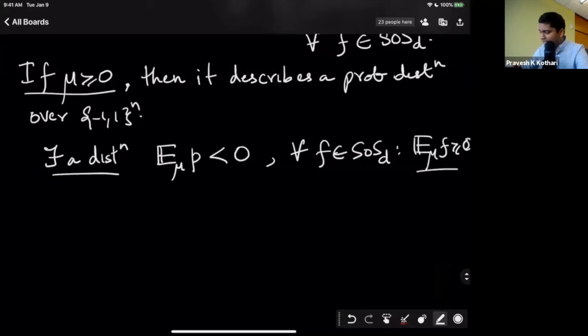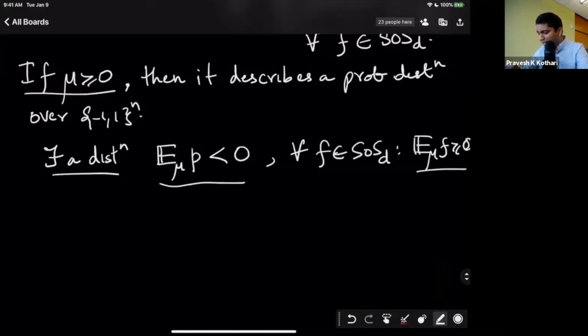So this is not a surprise at all. What this is saying in particular is that there must be a distribution under which the polynomial P that did not have an SOS certificate of non-negativity has a negative expectation. In particular, there must be an x for which P is negative. Otherwise, this would not have been possible.